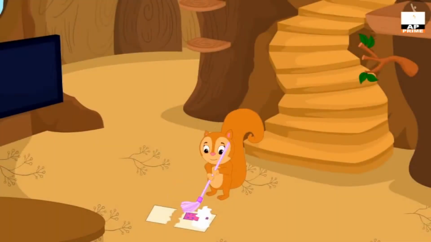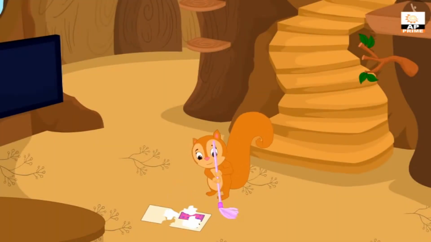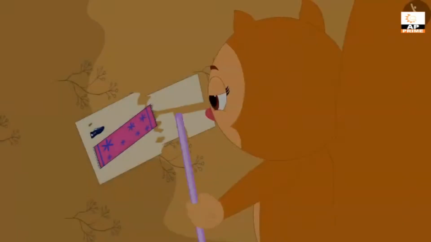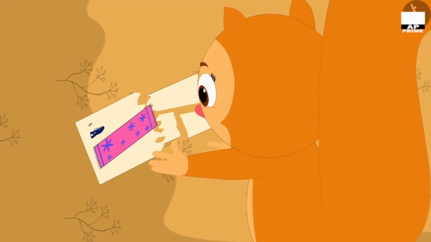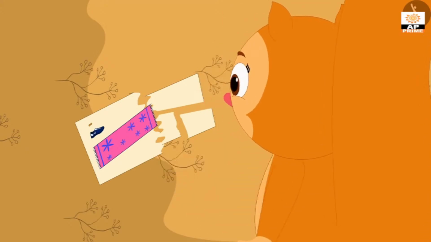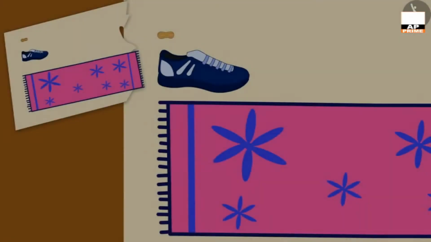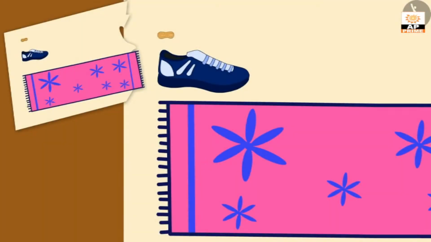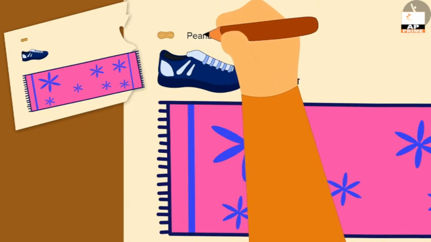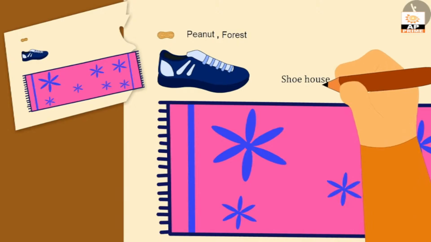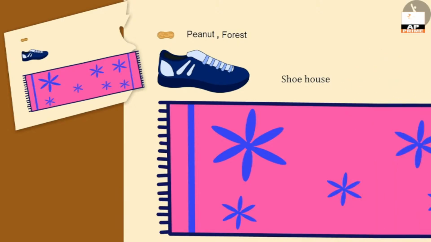Today, while Chanda was cleaning her house, the paper was accidentally torn. Now, Chanda is unable to understand which is the measure of what. Now, Chanda quickly wrote the names of the objects and places that were written on that paper on another paper like this.